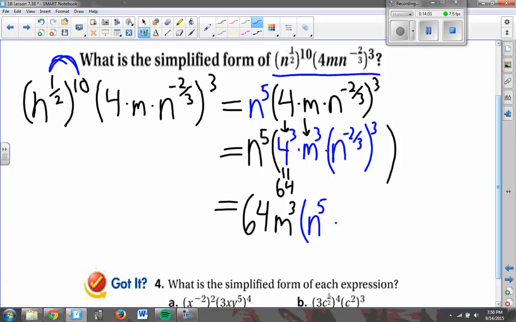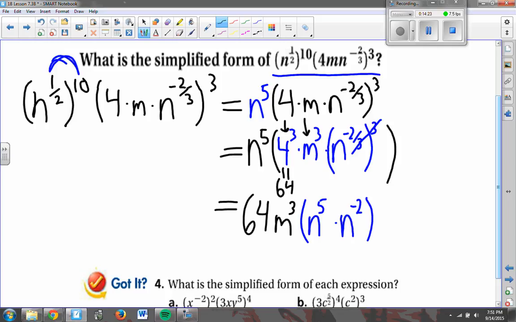So I know when I raise a power to a power, I get to multiply the exponents. Negative 2/3 times 3, the 3's end up canceling out, and this just becomes n to the negative 2 power.